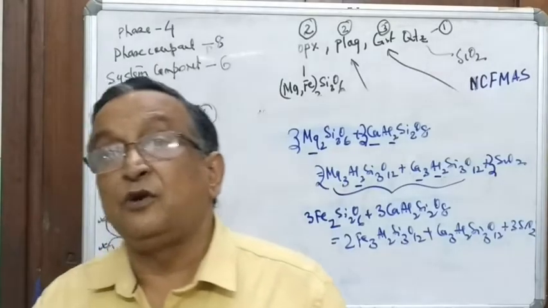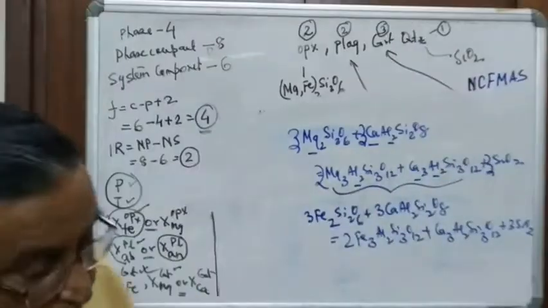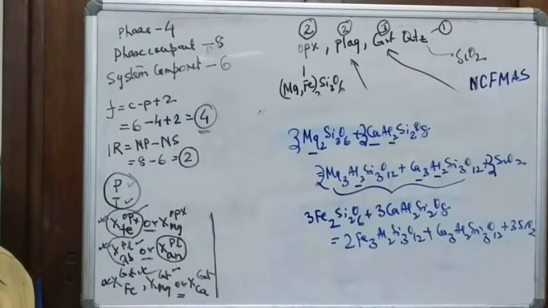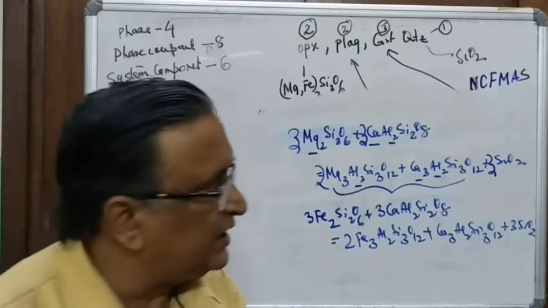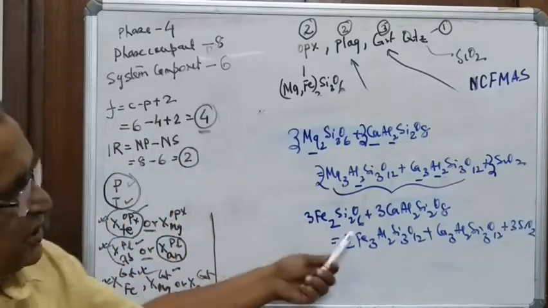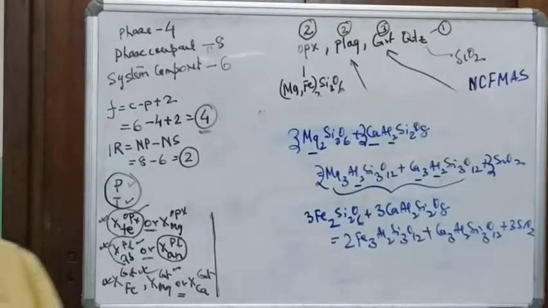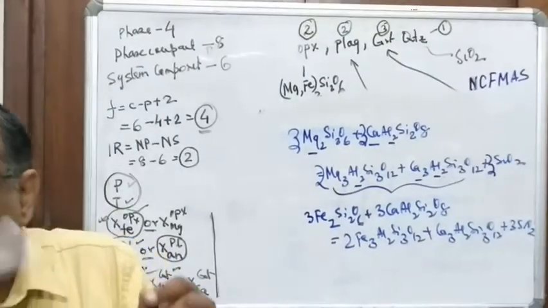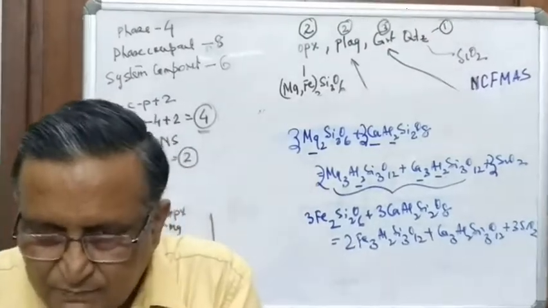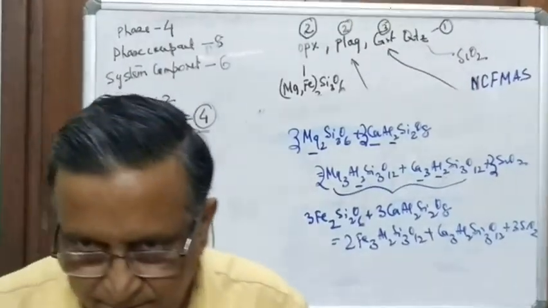So you can find out the pressure temperature condition at which, I won't go into the details of this because I think it's not necessary at the moment. We can find out the equilibrium pressure temperature condition where orthopyroxene and plagioclase and the garnet plus quartz the moment it formed.